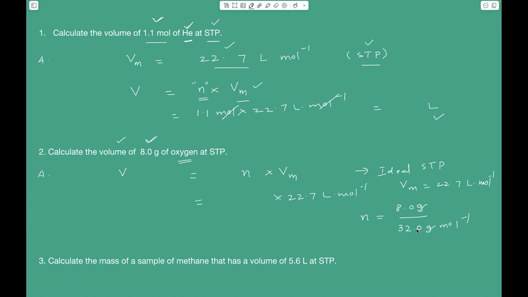So put this value here. It would be 8.0 over 32.0, and mole inverse in the denominator comes to the numerator and becomes mole, right? So these two get cancelled, and simplify this to get the volume of this sample of gas, oxygen, at STP in liters.